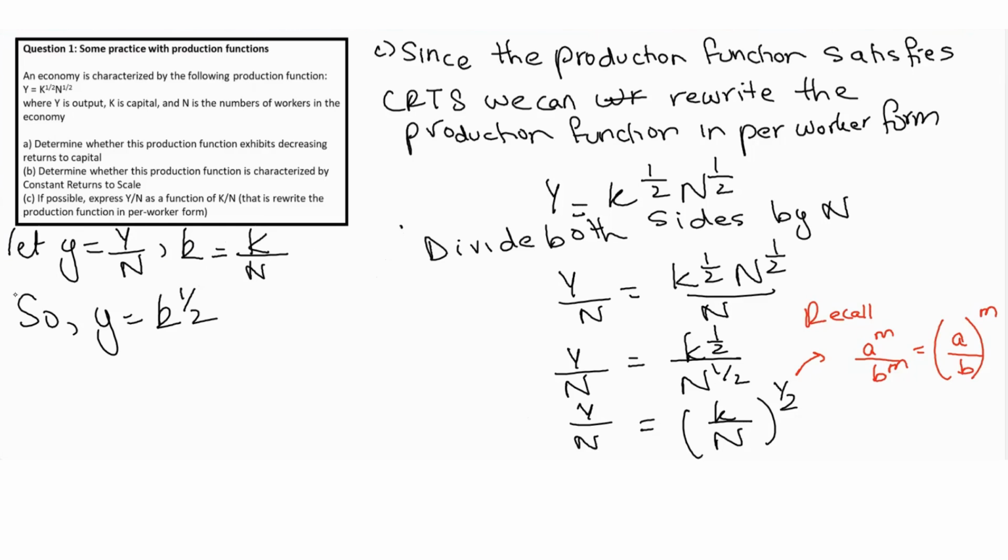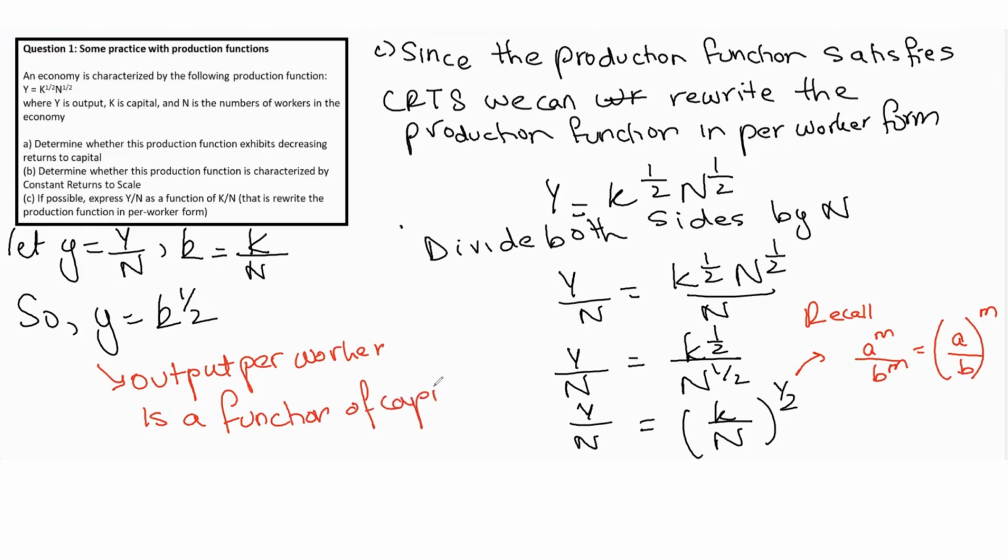So we have shown here that output per worker is a function of capital per worker. In this way, we can write a production function in per worker form, given that it satisfies constant returns to scale.